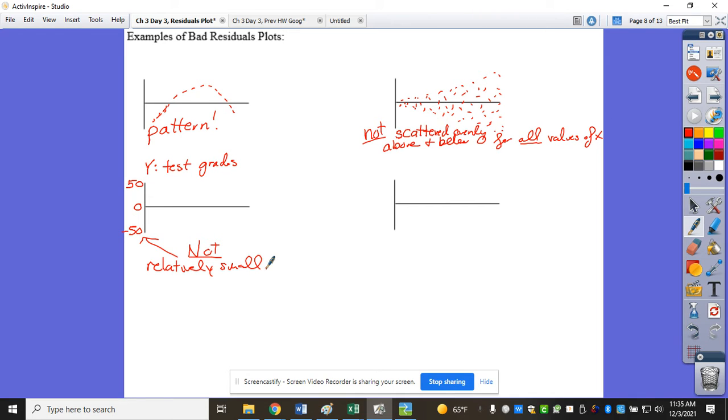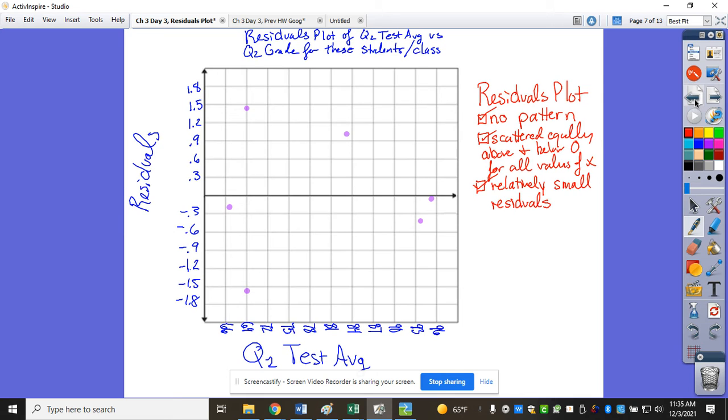Or there's something very obvious, so don't use it. The one that we did is actually probably getting close to not being scattered equally above and below zero for all values of x, but that's because we only put 6 dots up there. If I had one more dot over here or something, you wouldn't even consider that. It's just because we had so few actual values there.